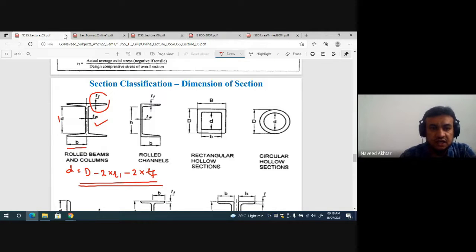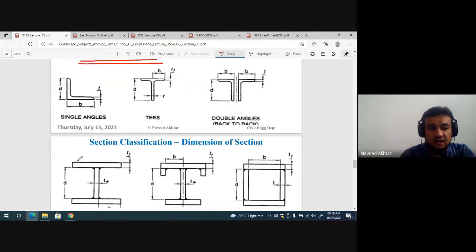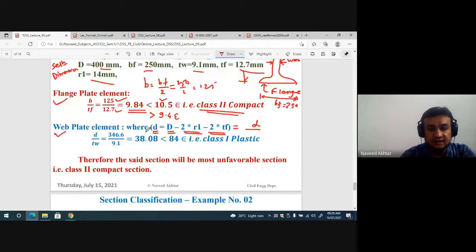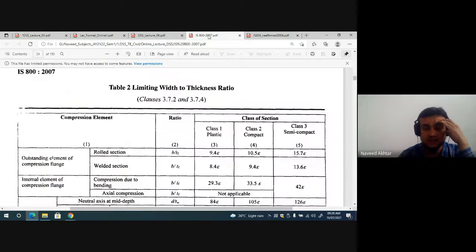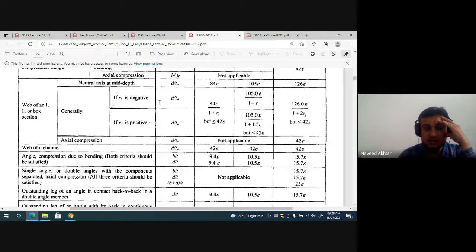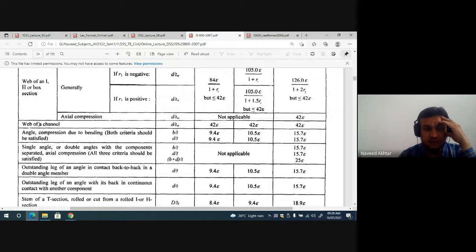That's why I have not taken the capital D here. You have to take that, and then the value is coming to 38.0. Now we have to check this with the IS code again, so I will come to your IS code. If you see the web of a channel, no, it is not a channel.